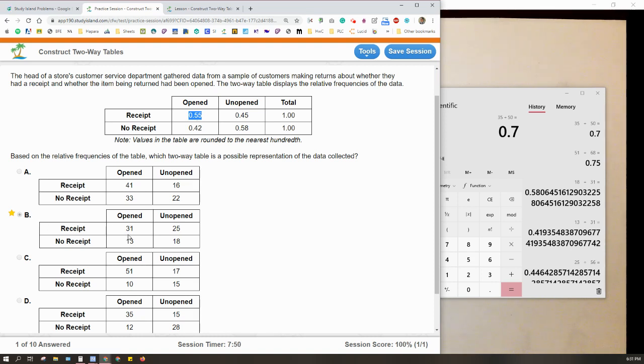The answer here was B, because the receipt row had a total of 56 people in it. 31 out of 56 is 55%. 25 out of 56 is 45%. And then the no receipt row had 31 people in it. And 13 out of 31 is 42%. 18 out of 31 is 58%. So this is why that matches up.